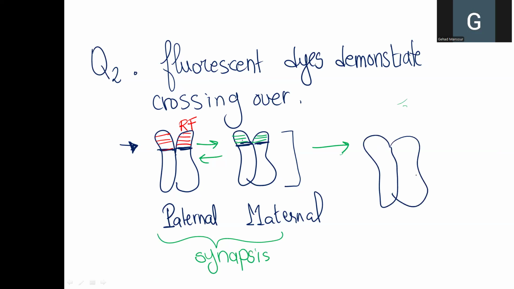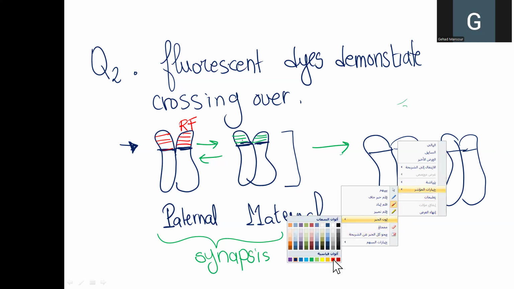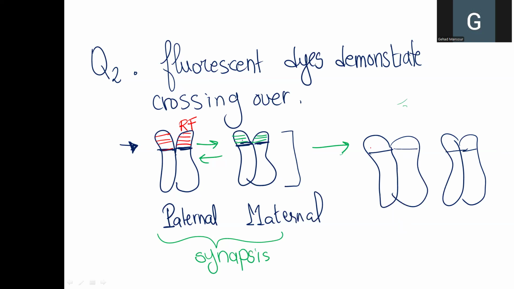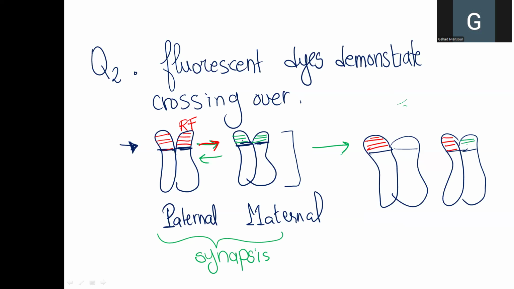So again, we draw the two paternal and maternal homologous chromosomes. And of course, you can deduce that if crossing over occurs, this will stay red as it is, but the red one of the paternal chromosome exchanges with the green one on the maternal chromosome and vice versa, meaning that we will have the green maternal here and there.